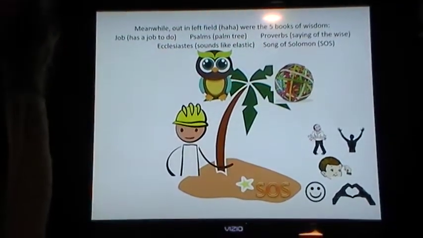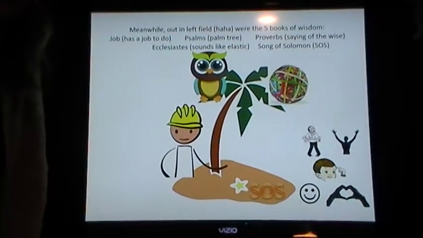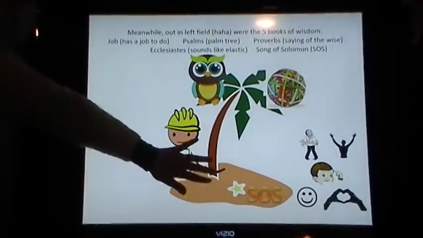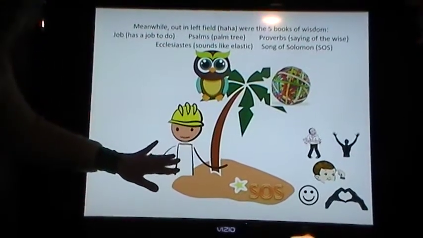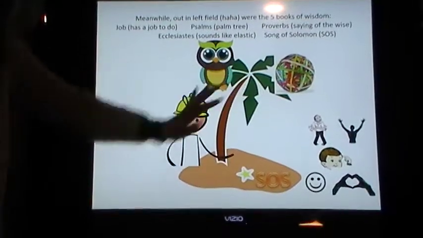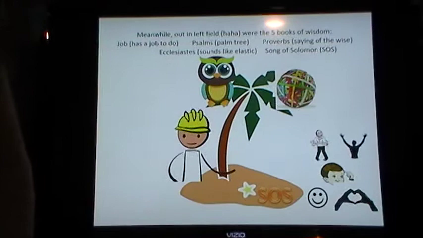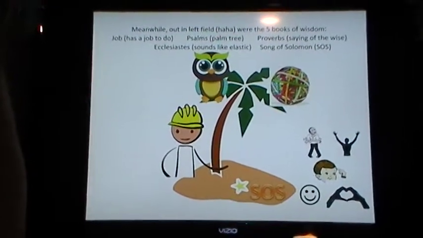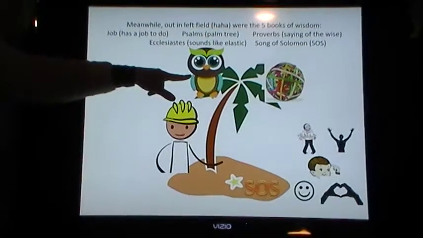Okay, now you're going to see this palm tree. Palm sounds a bit like psalm. Psalms are the songs. So out of this pile of sand that it was his job, Job, to pile, we have a psalm. There are two things on this tree that come next. The first one is this owl.